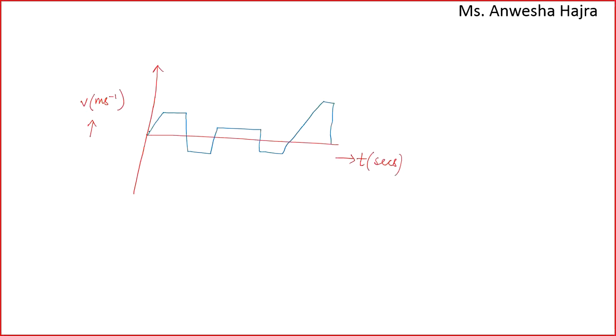Peculiar graph. Say this area is 10. This area says 2. This area is 4.